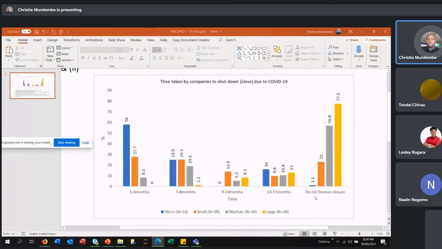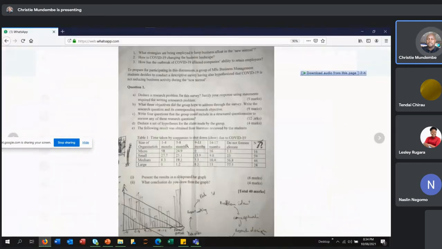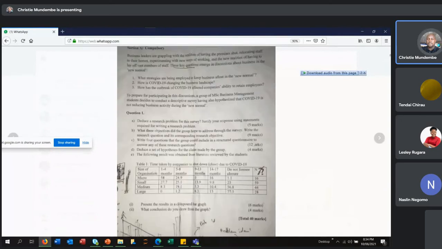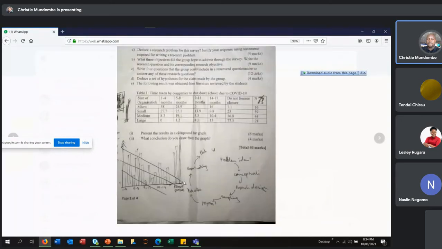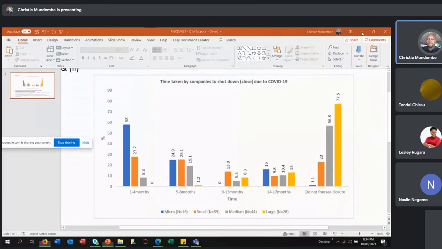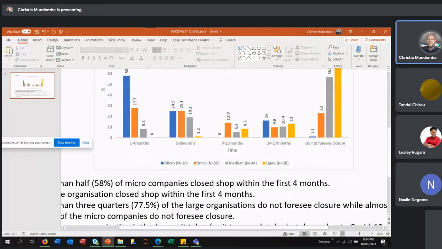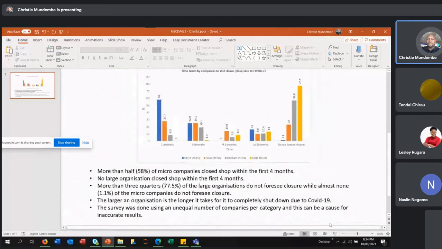Okay, so that's the first part. The second part now says, what conclusions do you draw from the graph? And it's got 4 marks. By just looking at the graph, you can see certain patterns.